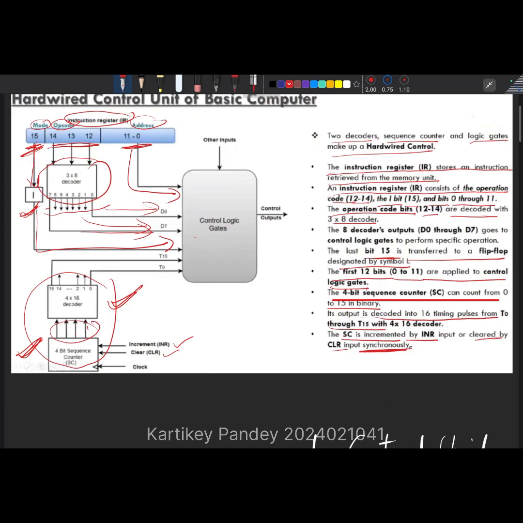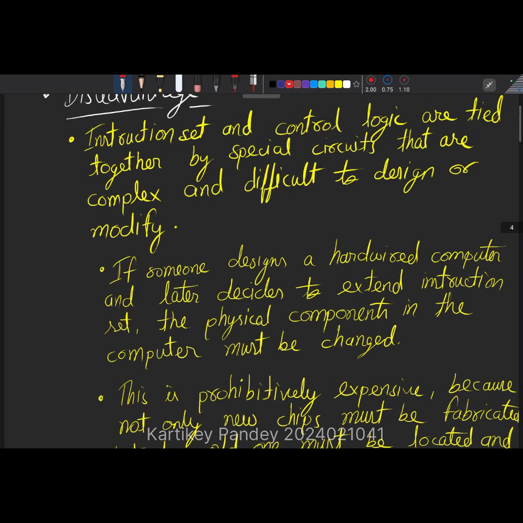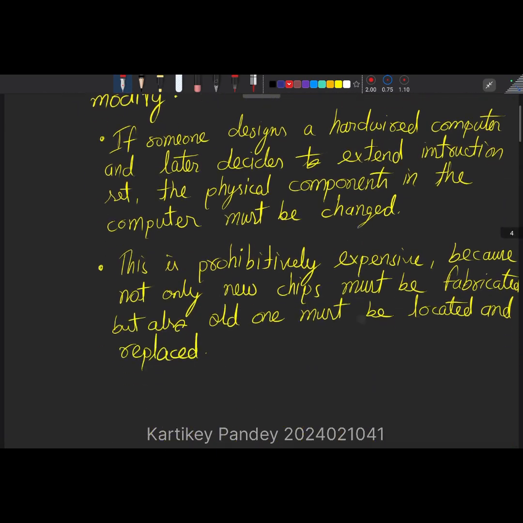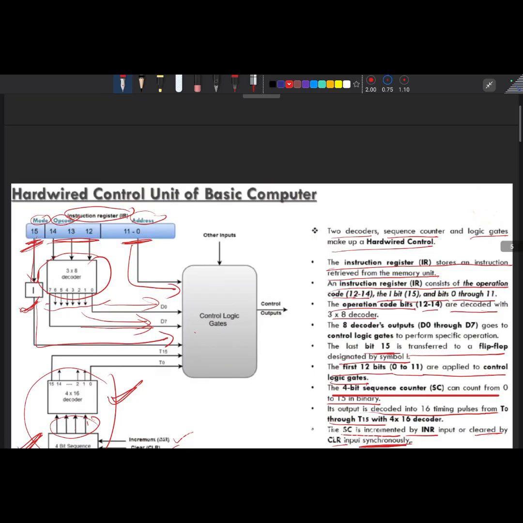I hope you have understood what a hardwired control unit is and understood its advantages and disadvantages. We can summarize that in a hardwired control unit, the control signals are generated using fixed combinational logic circuits.